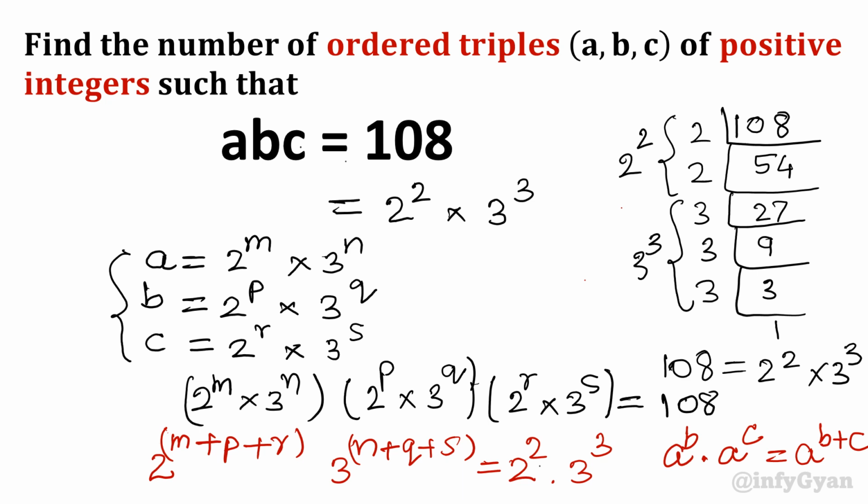Okay. So now we will equate both sides. The same base will have the same exponent. After comparison we can write m plus p plus r equals 2, and the second equation is n plus q plus s equals 3.